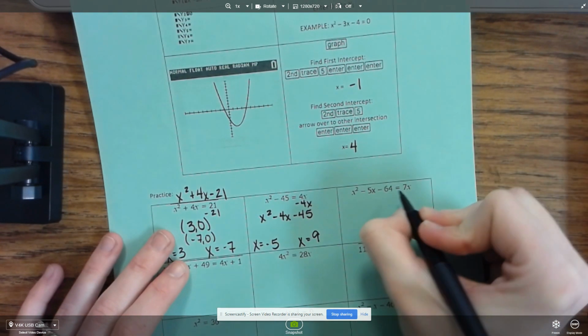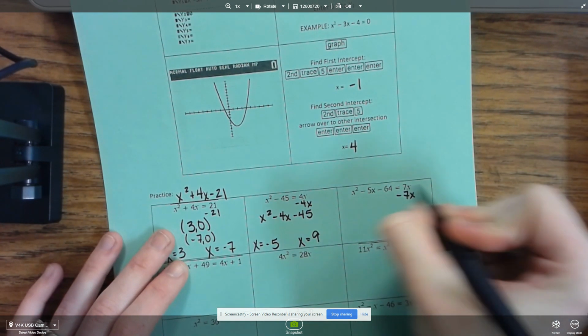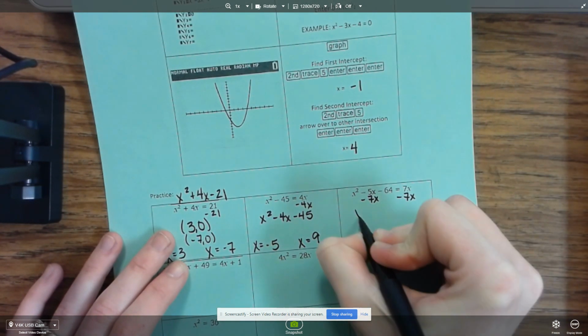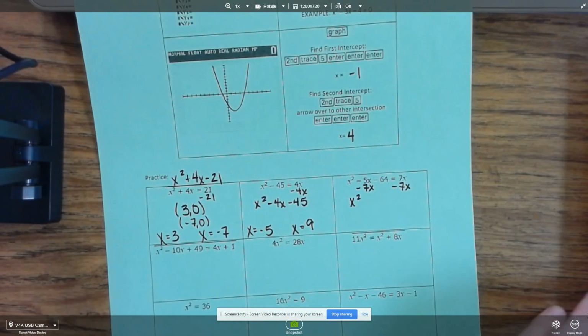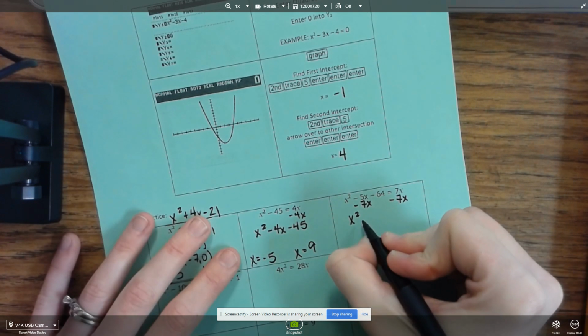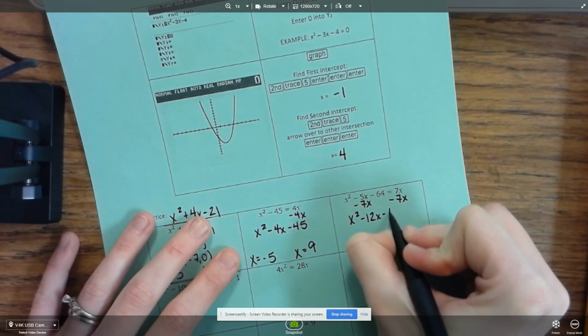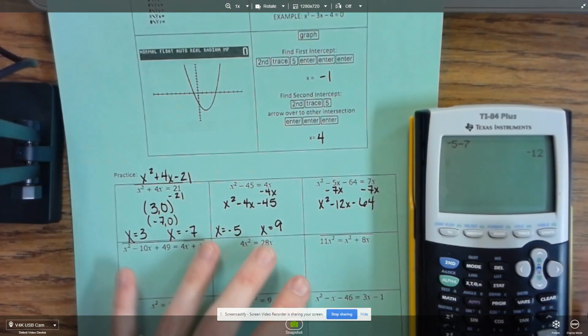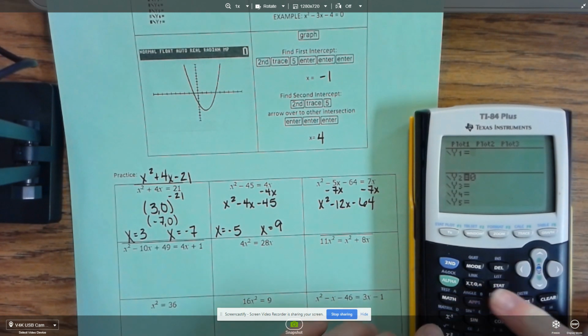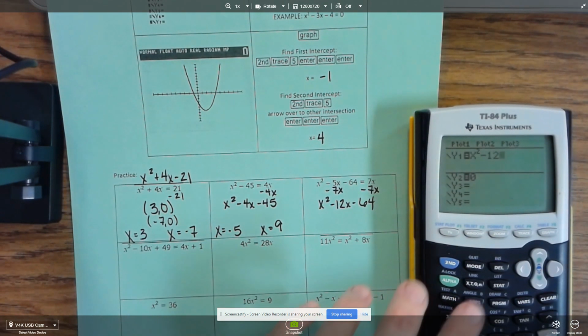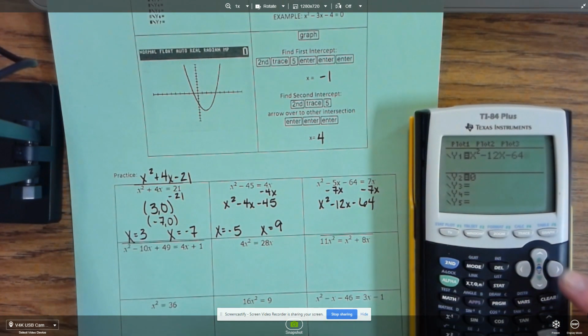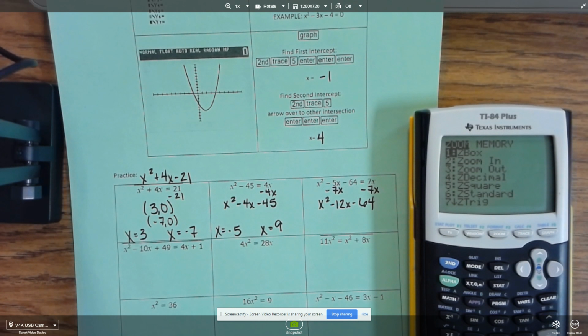All right, so on this one, we're going to subtract 7x from each side. But when we do that, since we've already got an x, we're going to get -12x. All right, so we've got x squared minus 12x minus 64. So I'm going to zoom out on this one.